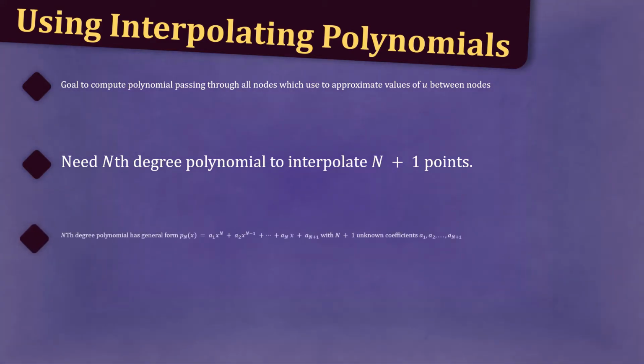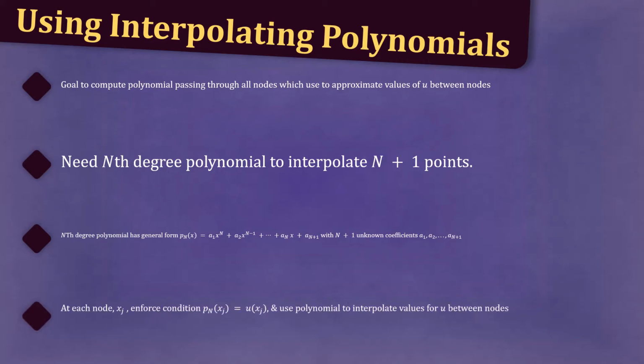An nth degree polynomial has the general form p_n(x) = a1 x^n + a2 x^(n-1) and so on up to a_(n+1), with n+1 unknown coefficients a1 to a_(n+1). At each node xj, we enforce the condition p_n(xj) = u(xj) and use the polynomial to interpolate values for u between the nodes.